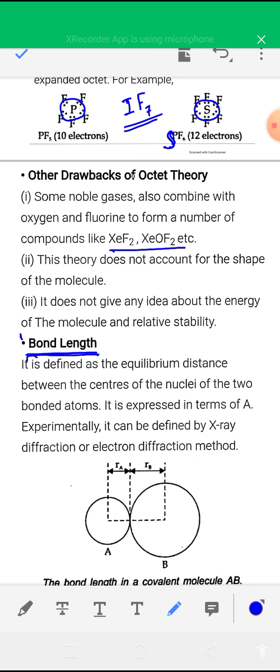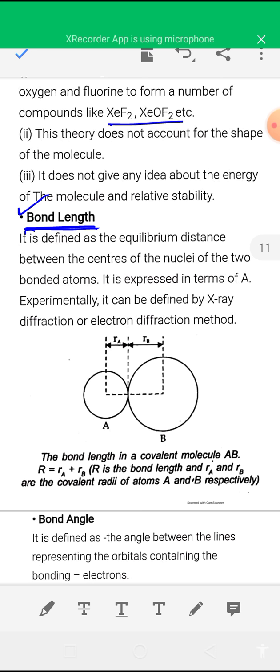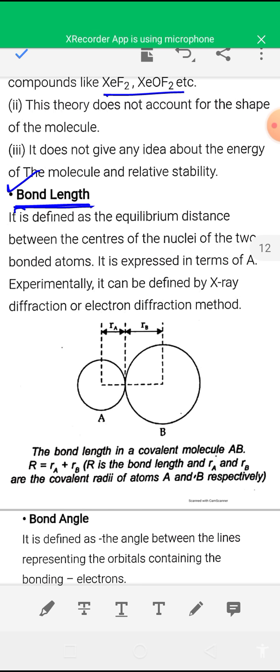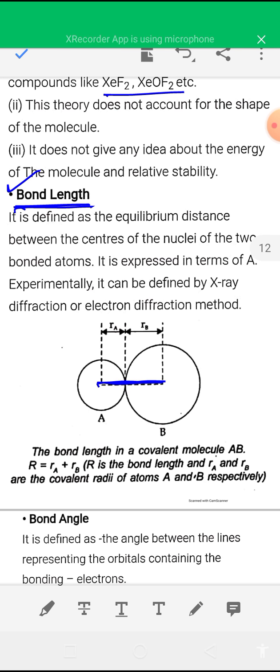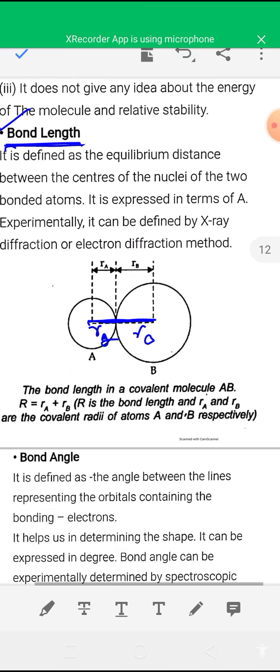Bond length, in simple words, is the equilibrium distance between the centers of two bonded atoms, and it is expressed in angstrom units. So simply the bond length is this distance, Ra plus Rb, the distance between two atoms.